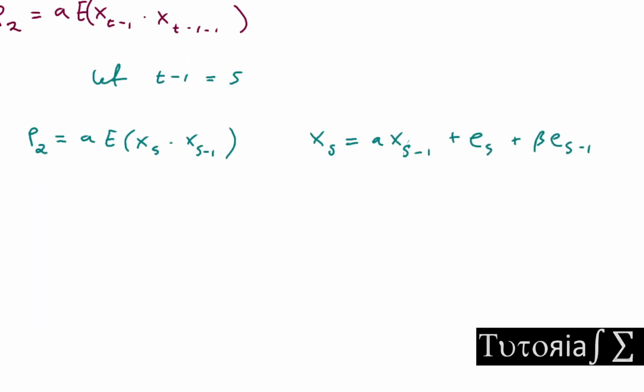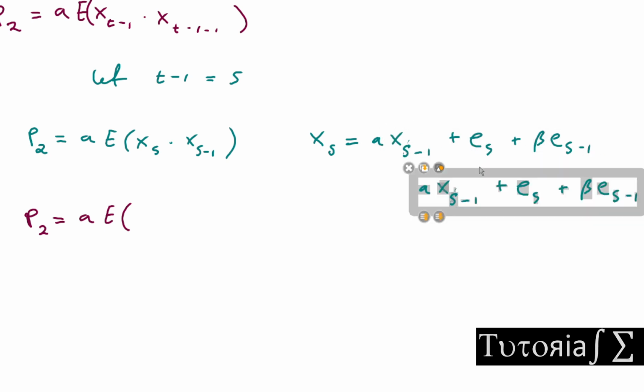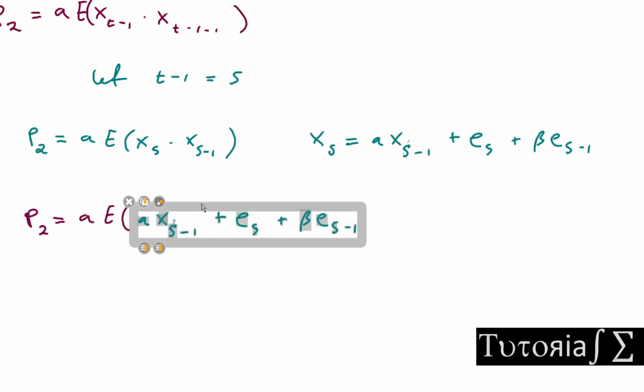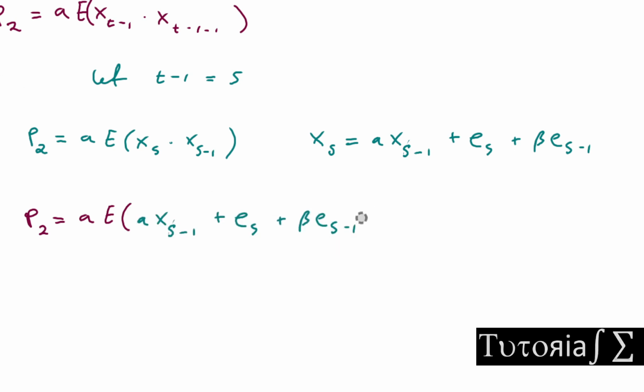So now see that for row 2, you can replace x_s, which is this equation, replacing this equation for x_s. We replace it here, then we multiply it by x_{s-1}. Again, we see that row 2 will just be equal to a.